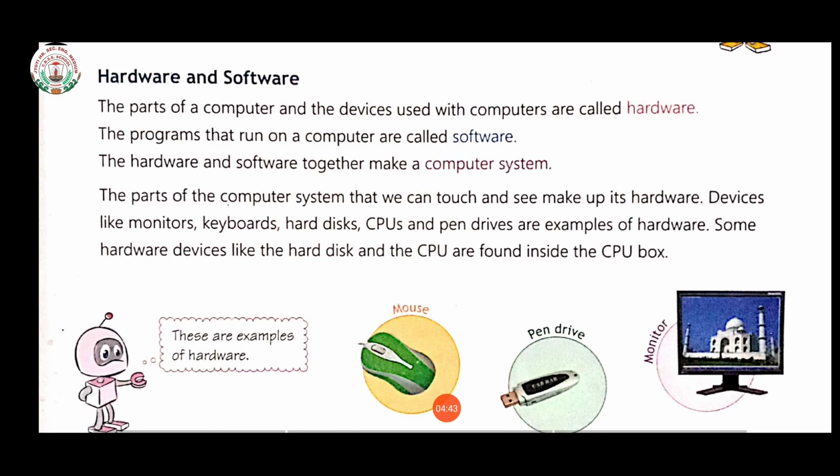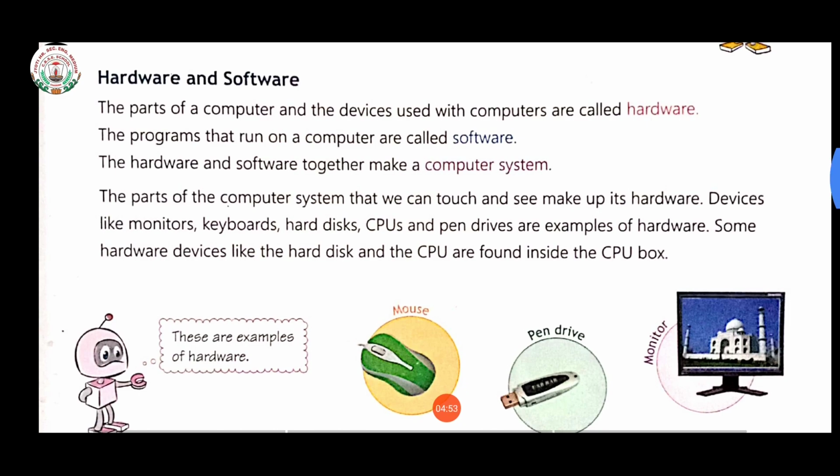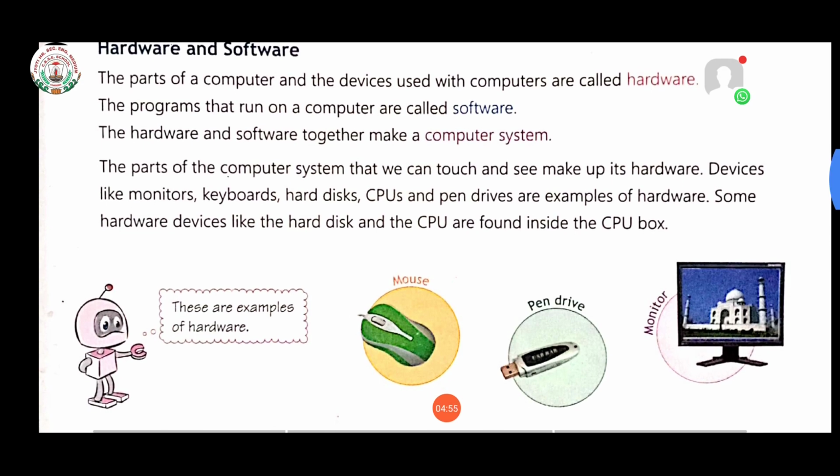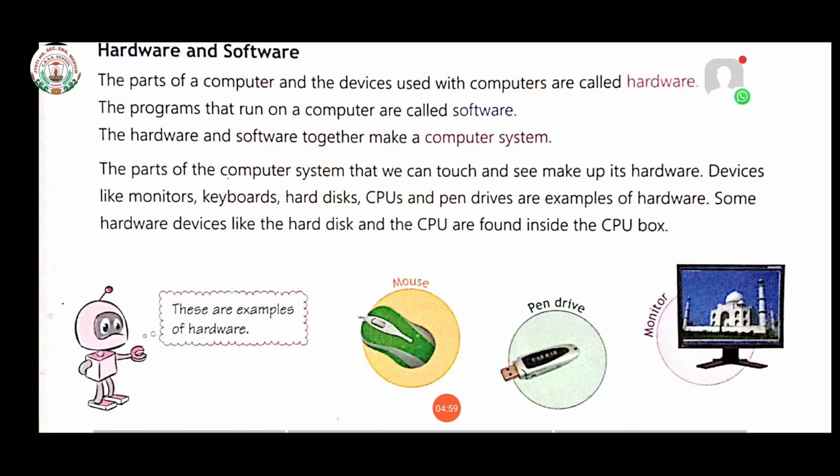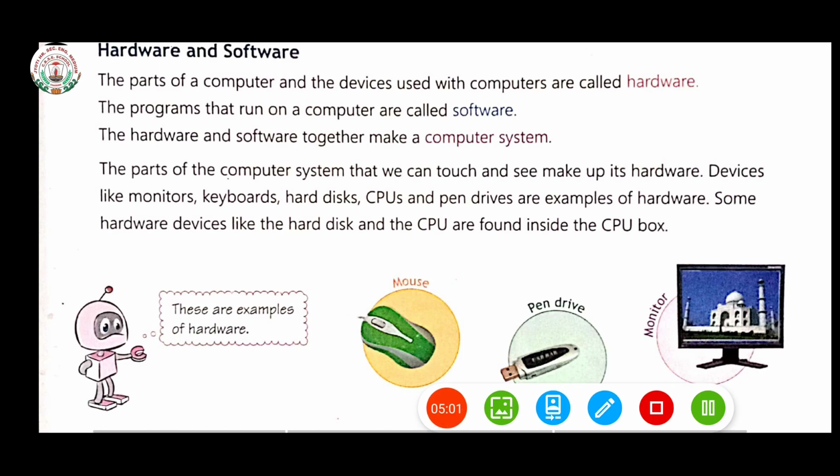The parts of the computer system that we can touch and see make up its hardware. Devices like monitor, keyboard, hard disk, CPU and pen drive are examples of hardware.